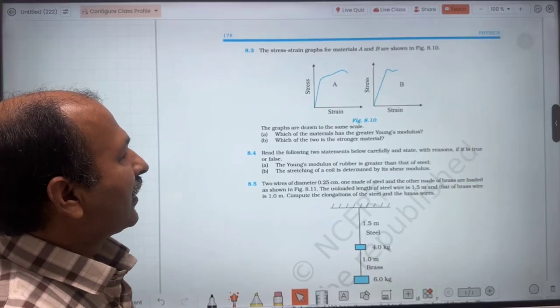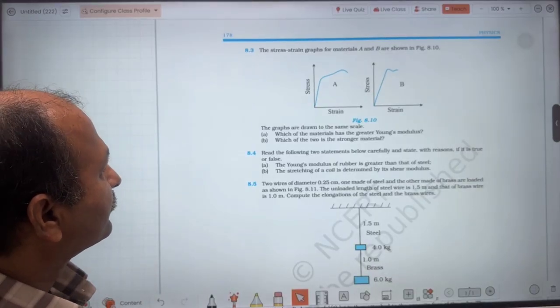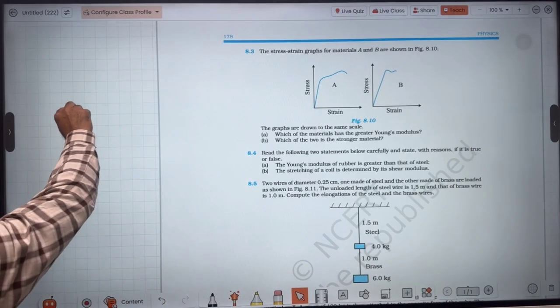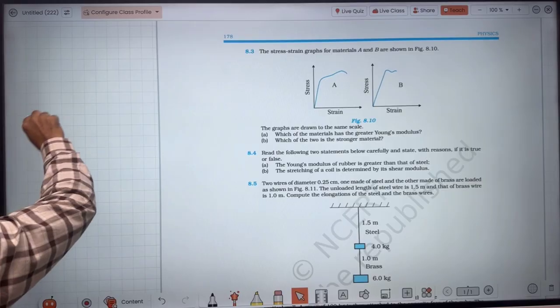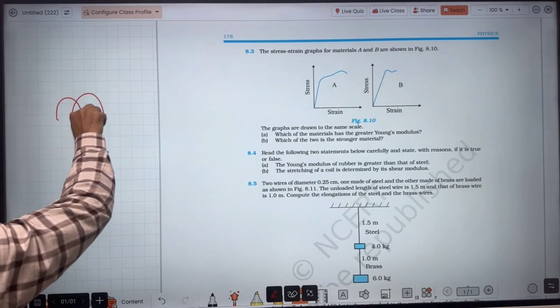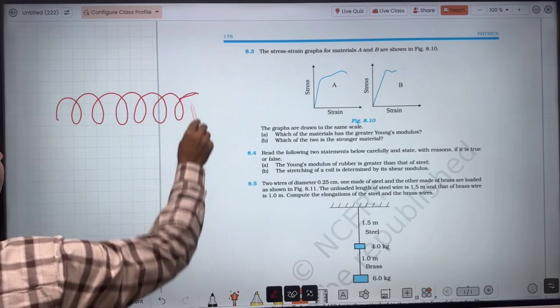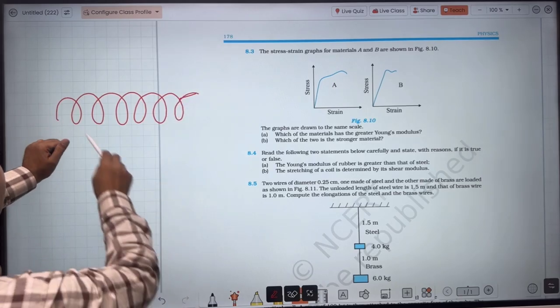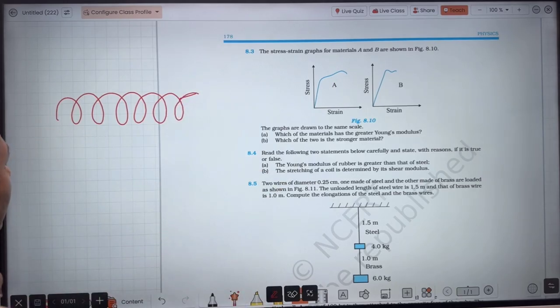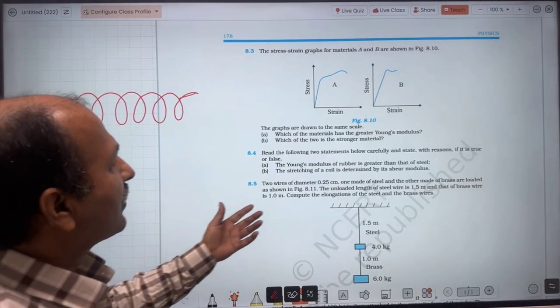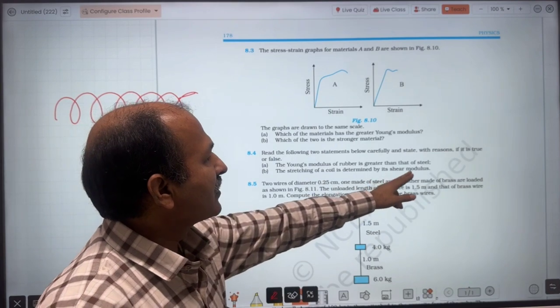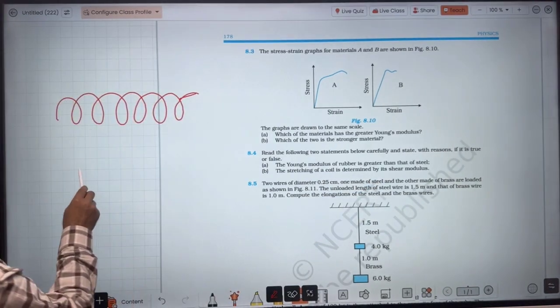The stretching of a coil is determined by its shear modulus. Of course, if you consider a coil, what happens? If you stretch it, what will happen? Will there be a change in the length of the total wire? No. But its shape will change. So that is why we say that stretching of a coil is determined by its shear modulus.